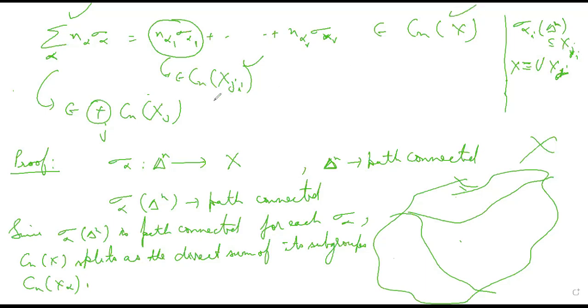Every element here you can write as a finite sum of elements in these CnXj's. It simply means that CnX is simply this direct sum of CnXj's.